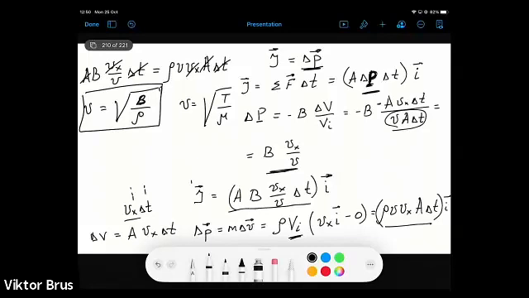Another thing which I wanted to mention is that the speed of sound depends on temperature.